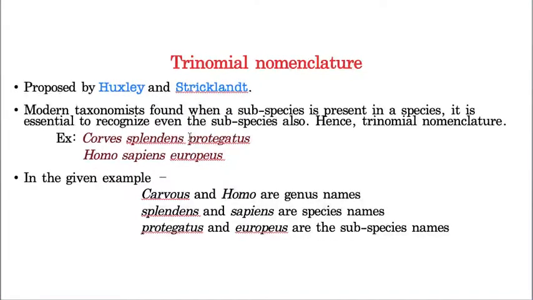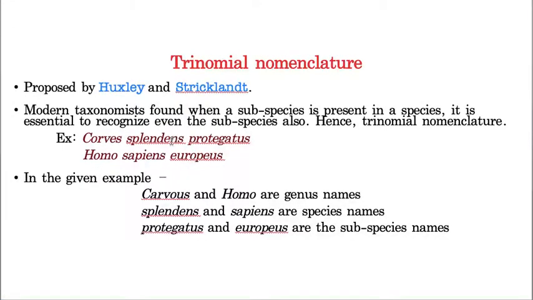For that, I brought two examples. For example, Homo sapiens europaeus. Homo sapiens means we, the human beings. In that, there is a subspecies: the human beings living in Europe are called europaeus. Whereas Corvus splendens protegatus is the common crow, the black colored bird, which is called Corvus splendens.